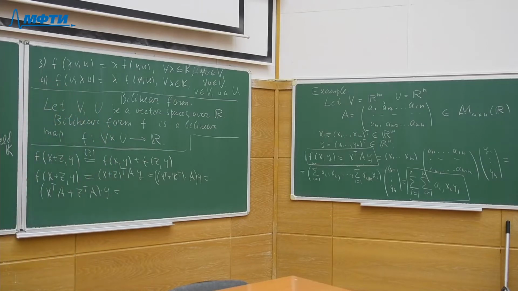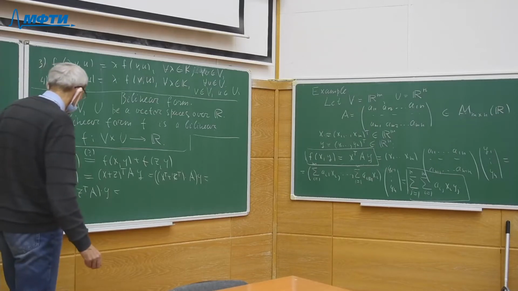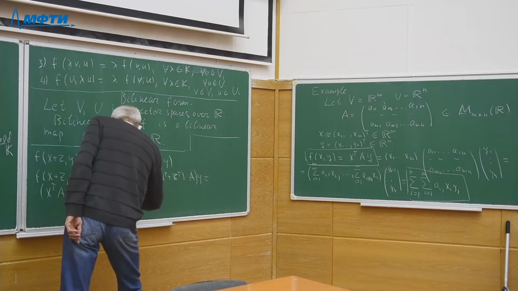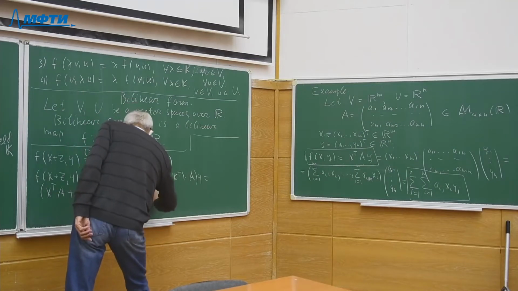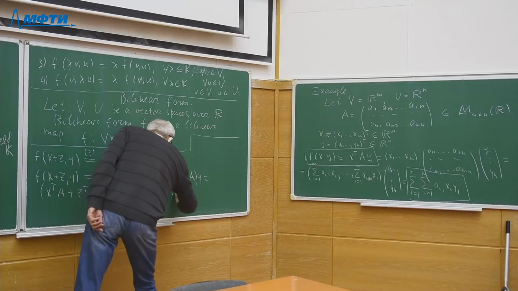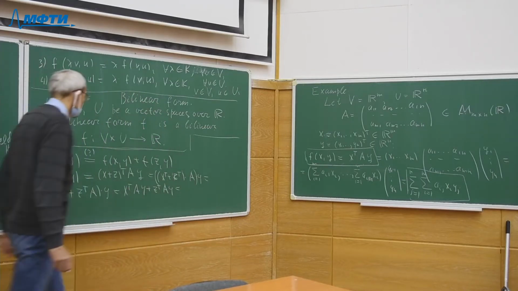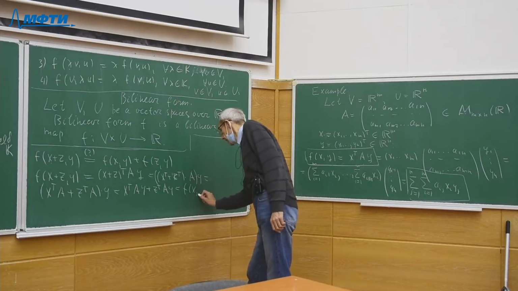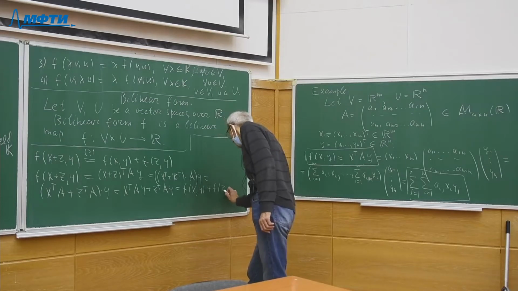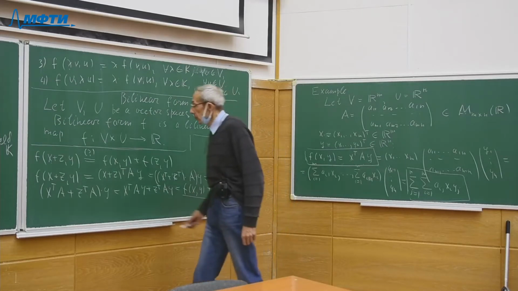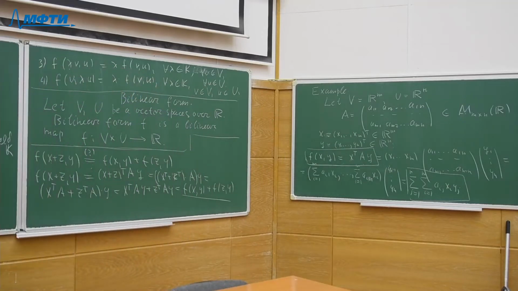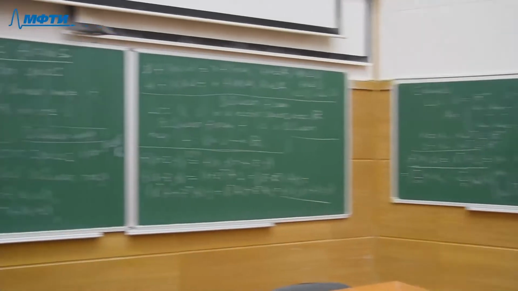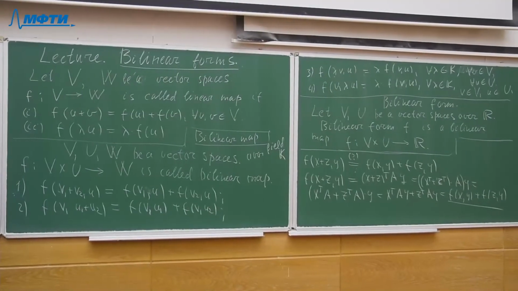On the next step, we can use the distributivity property of matrix multiplication, and we obtain x transpose A y plus z transpose A y. As a result, this expression is equal to f(x, y) plus f(z, y). And we proved the first property which defines the bilinear form.